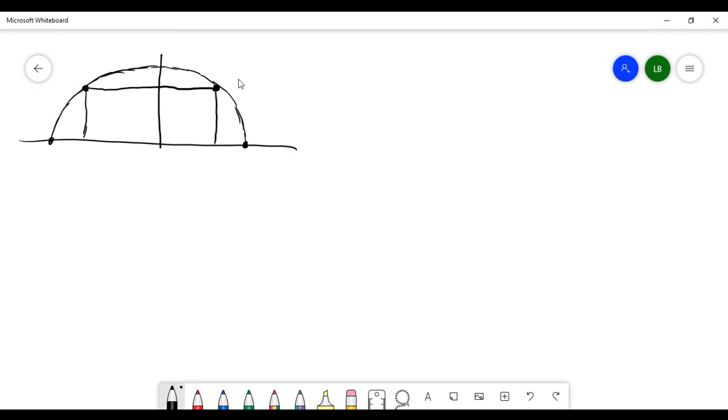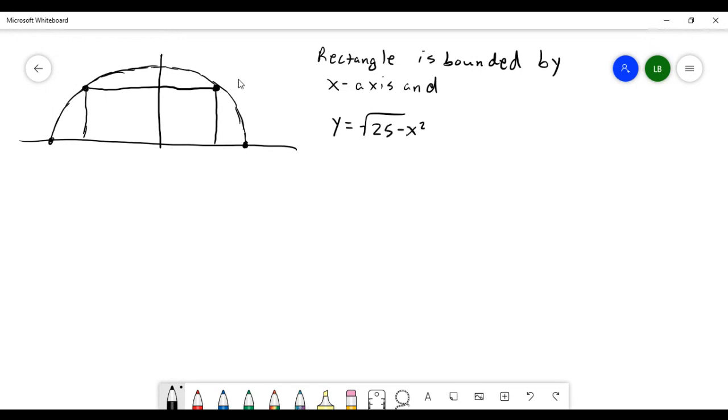And this rectangle is bounded by the x-axis and the function y equals the square root of 25 minus x squared.